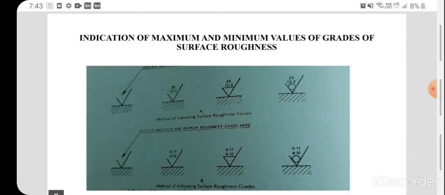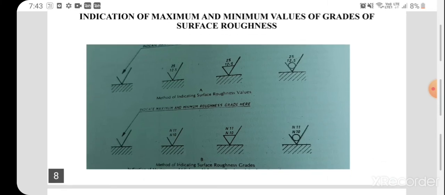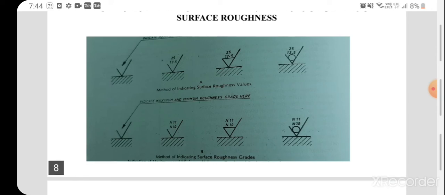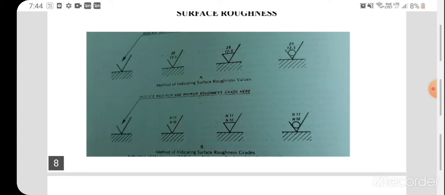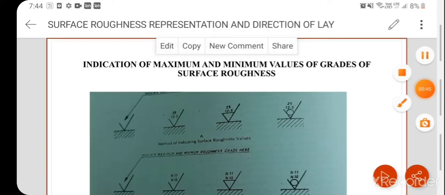Next is the indication of maximum or minimum values of grades of surface roughness in the surface texture symbol. When it is required to indicate maximum and minimum limits for surface roughness, both values should be indicated as shown, with the maximum limit written above the minimum limit as shown in the figure.